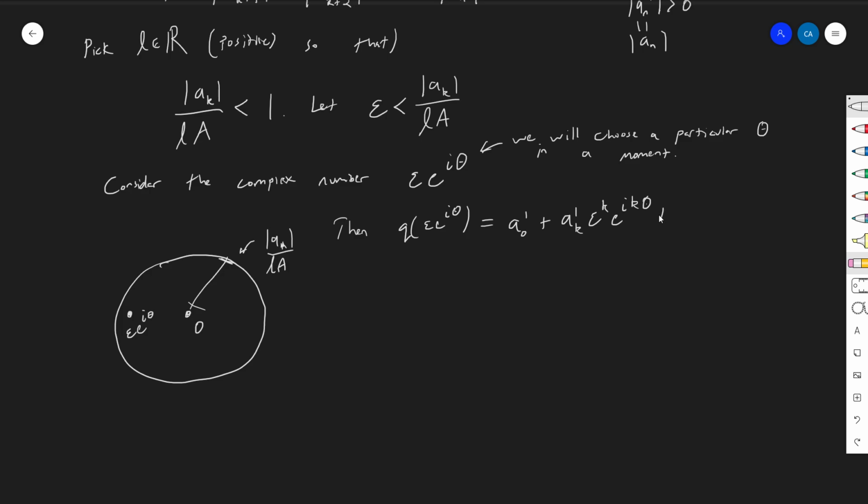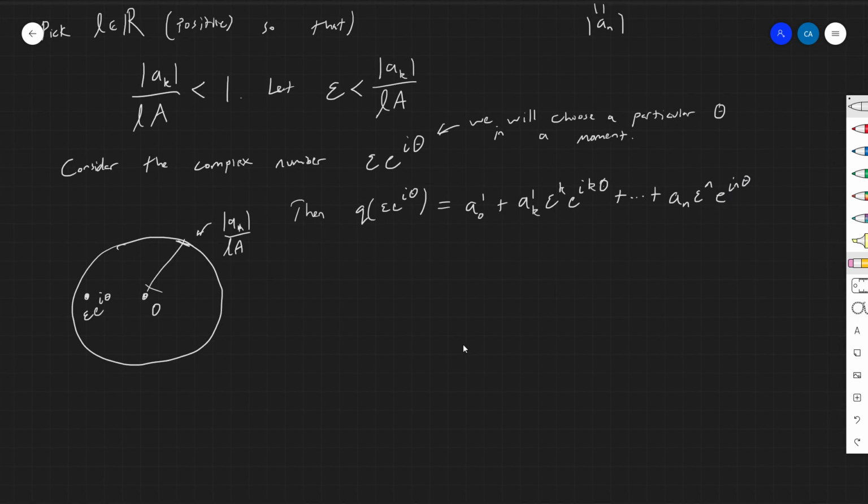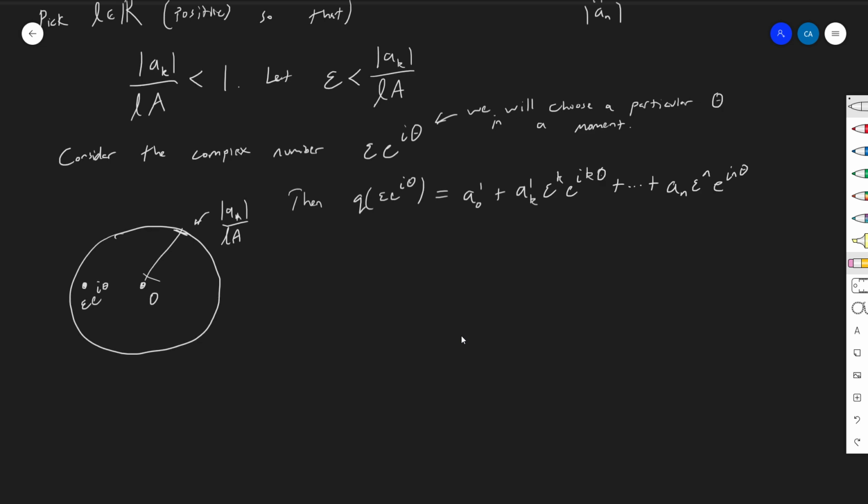And then I'm going to just do the dots at this point, and then plus the last one, which is a sub n epsilon to the n e to the i n theta. So here's the thing evaluated correctly. What we're going to focus on first is just these two. Focus for now, I cannot write in this blue. So focus on these two.